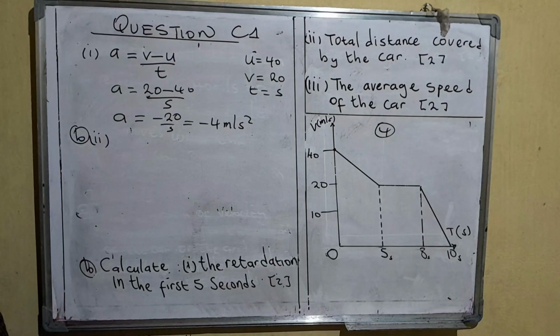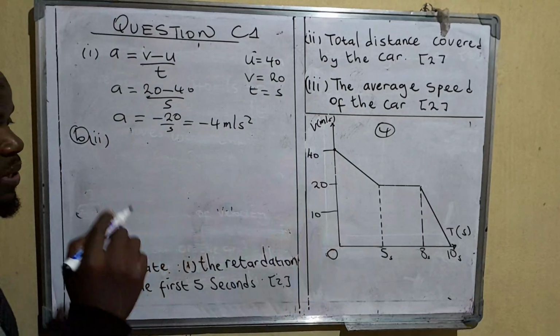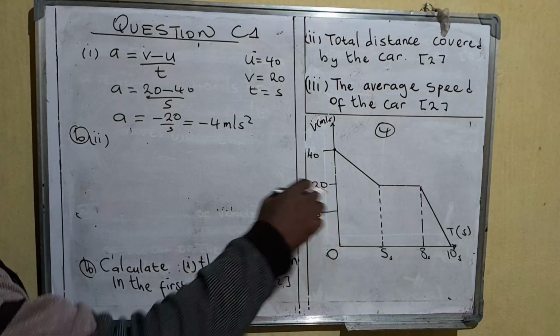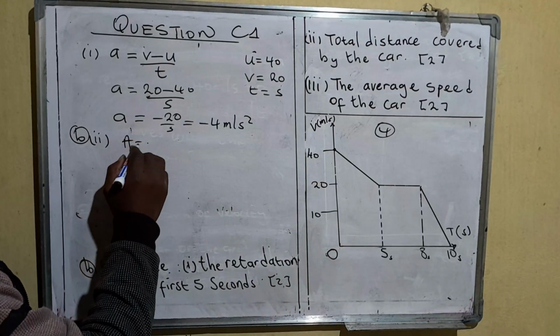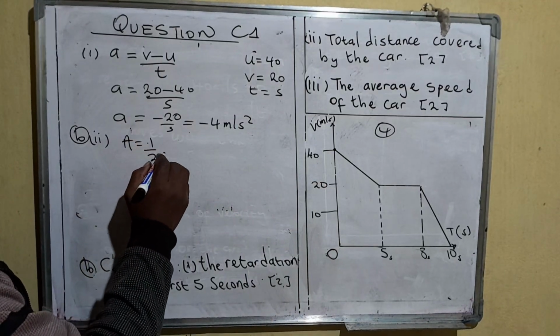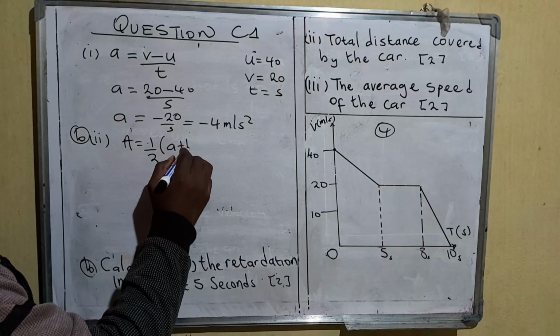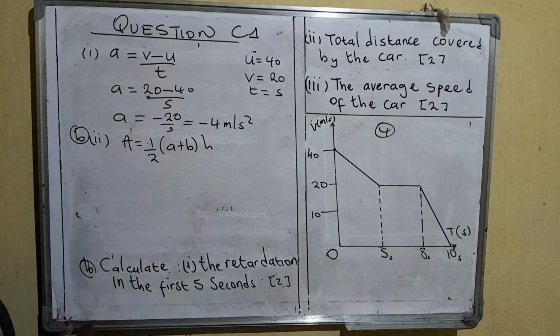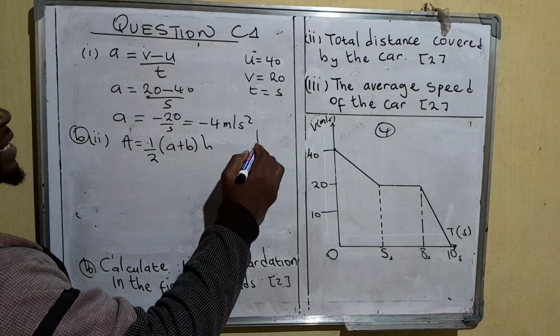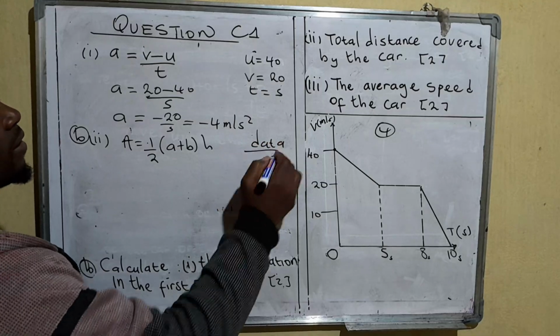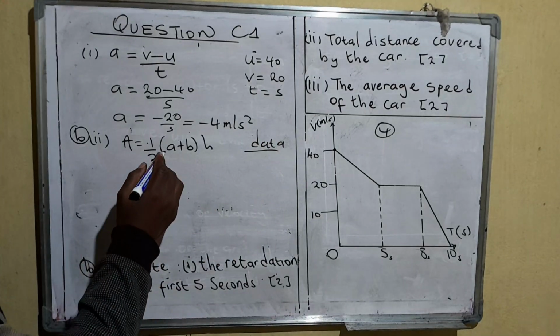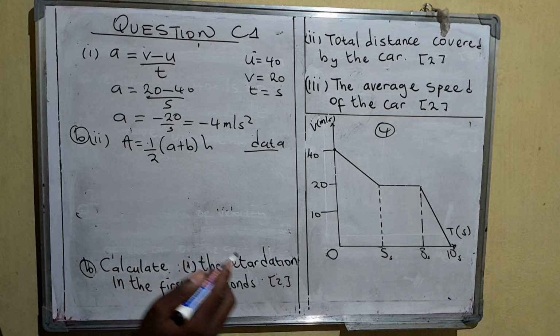All right, so let's start. What we have is we say area of a trapezium is given by half (A plus B) times height. So we need to collect the data for this. Which one is A? A is actually the shortest distance, right?